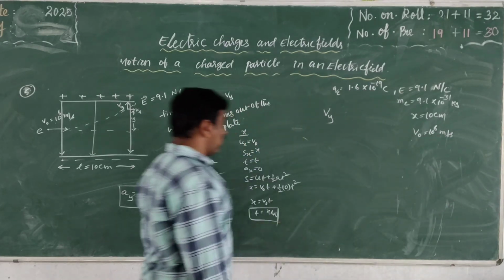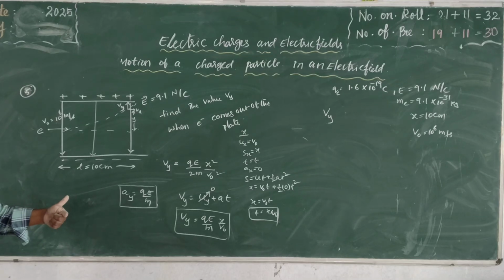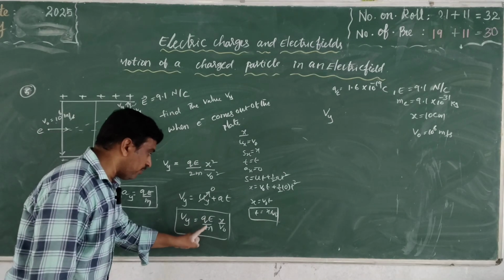By using these values we can find the final velocity of the electron just as it comes out of the plates. The formula is Vy equals QE by m into x by v naught.